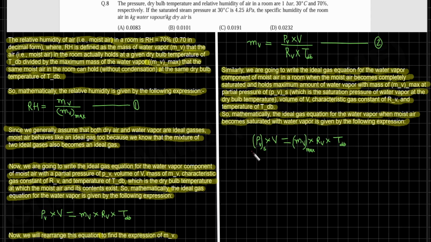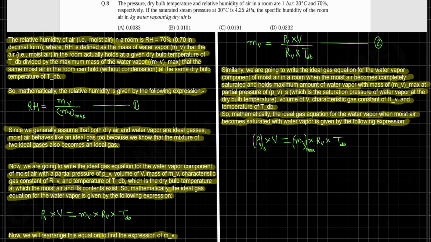So, we have the ideal gas equation applied to the water vapor when the moisture becomes saturated completely.